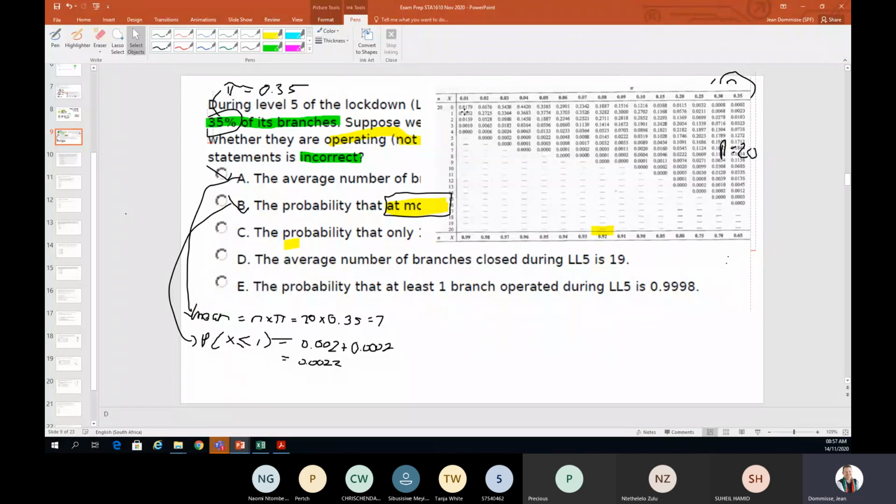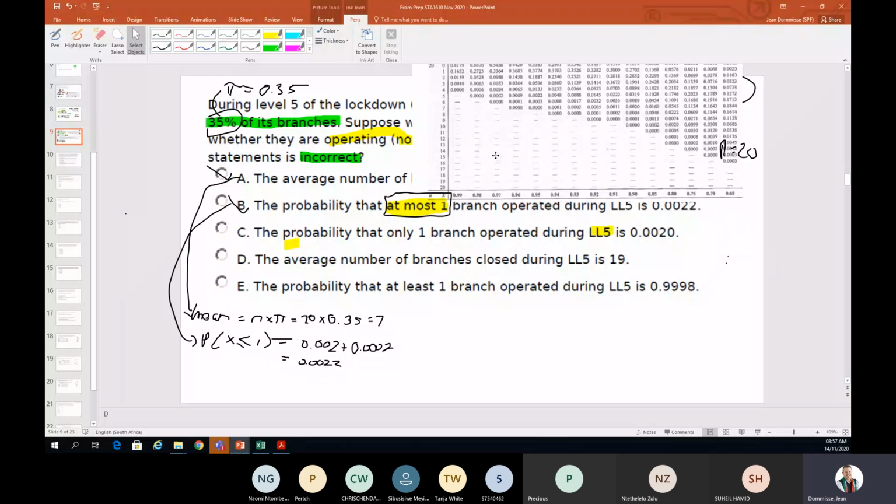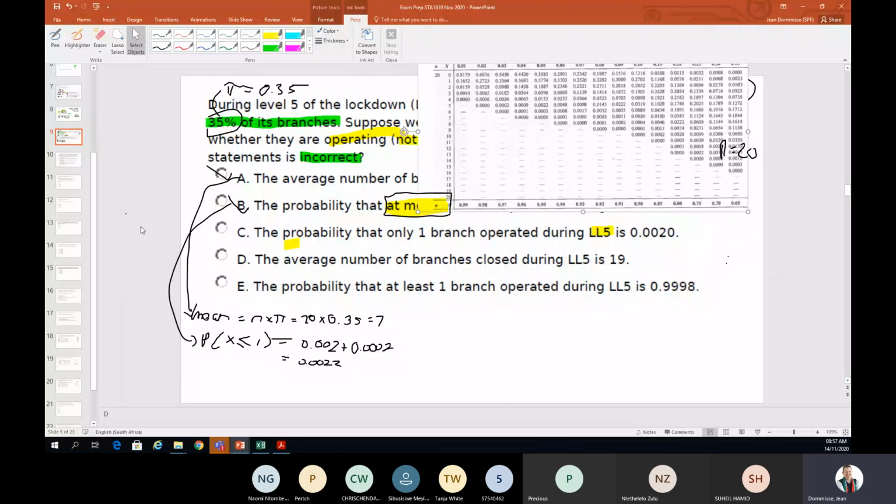The next one: the probability that only one branch operates. So that is only one branch, x equal to 1.